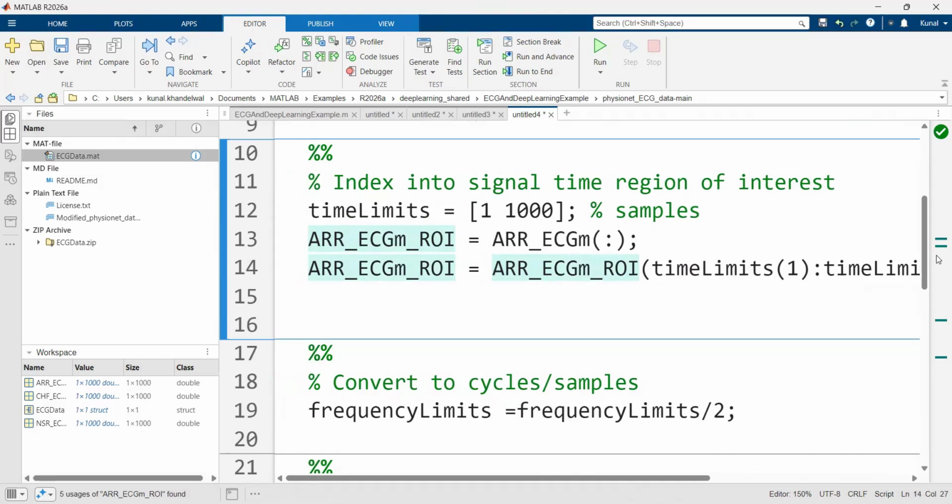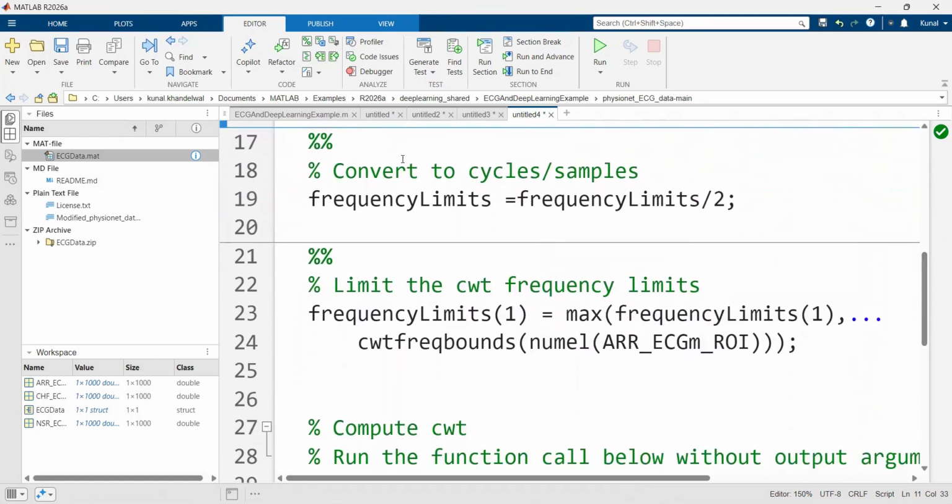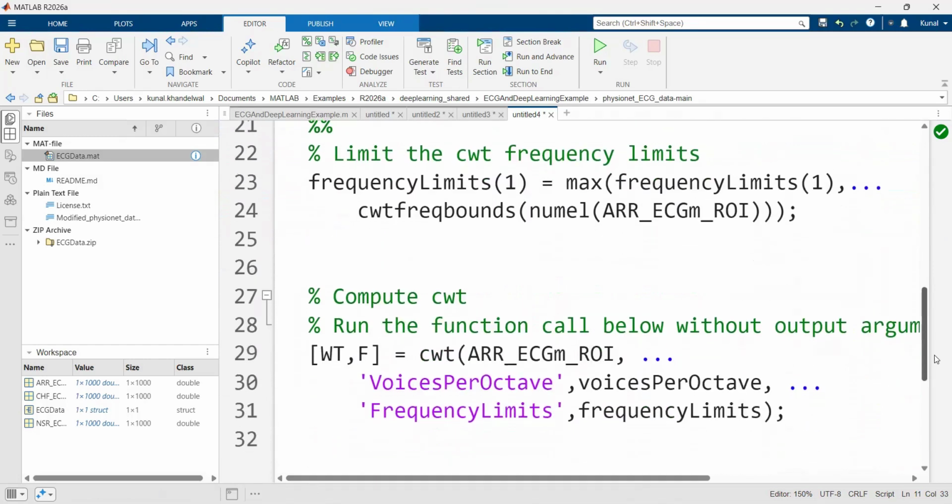This is the region of interest, so time 1 here and 1000 over here. Next, we convert to cycles per second. And then we use this particular function, CWT, the continuous wavelet transform. So here we are using CWT.